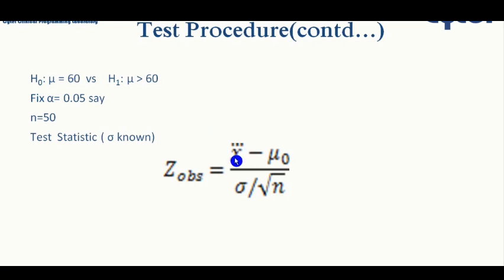So if the difference x bar minus mu naught is sufficiently small, then you will say that yes, mu should be equal to 60. But if x bar minus mu naught, the difference between the sample mean and the hypothesized value mu naught, is large, then you will say that this cannot be true.